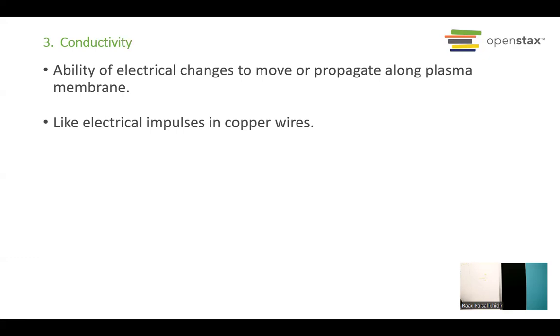So this is the middle non-polar segment. That's the head. So in order for depolarization to happen, sodium has to flow inside.